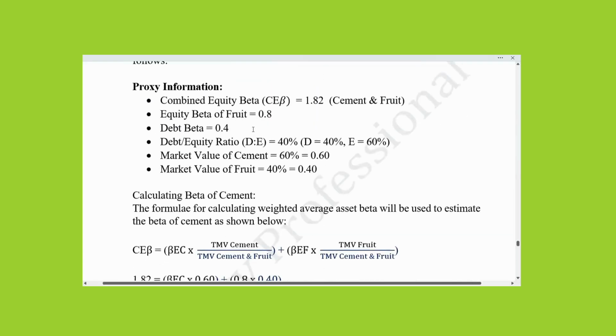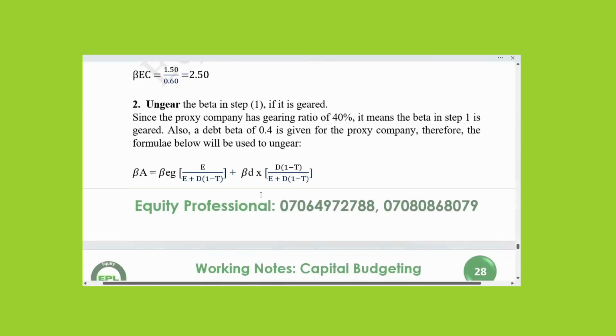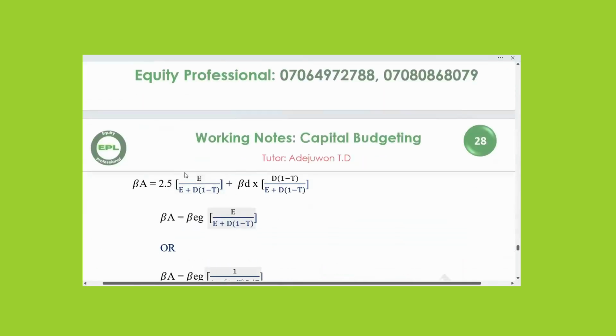We are given a debt equity ratio of 40% for the proxy company. So if debt is 40%, equity will be 60%. According to the question, the examiner did not define the gearing ratio. Therefore, you are at liberty to use either single value or total value. Single value simply means debt divided by equity. So in this case, debt is 40%, equity will be 60%.